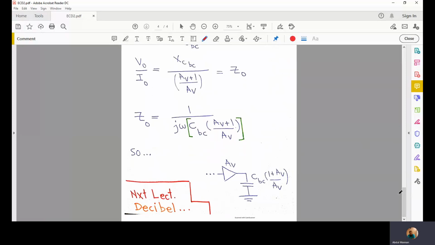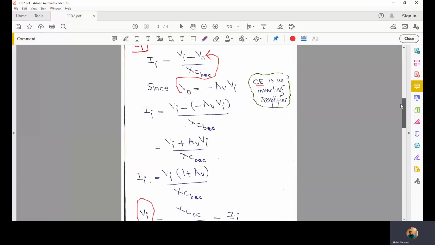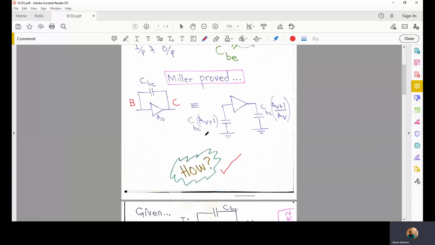So this is what Miller told: if we break the CBC into input and output sides, the portion that is visible at the output side is CBC times this ratio. Luckily, this ratio is around 1, because (AV plus 1) over AV produces a result very close to 1. So the CBC remains almost the same at the output, but on the input side, it is multiplied by a very large quantity, AV plus 1.